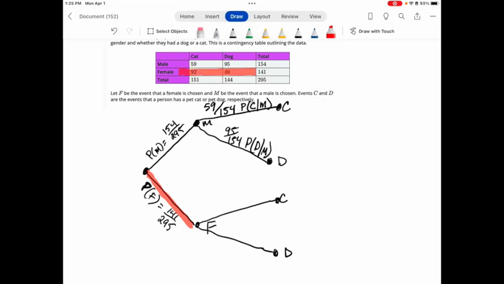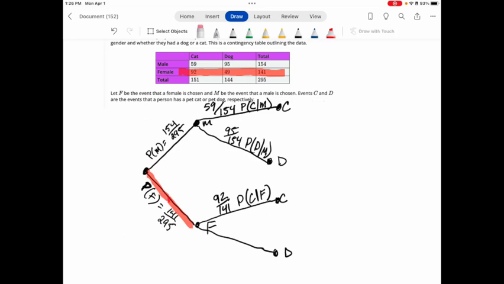So now we're looking at just the females. If I know I already picked a female, what's the probability that I pick a cat? That would be 92 out of 141, and that's the probability of finding someone that has a cat, given that we've already picked a female.